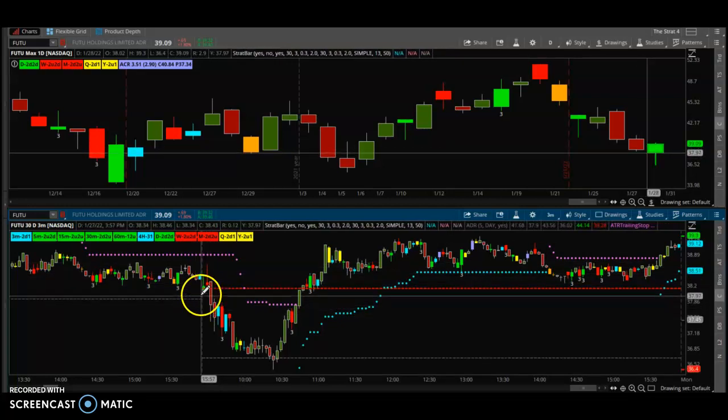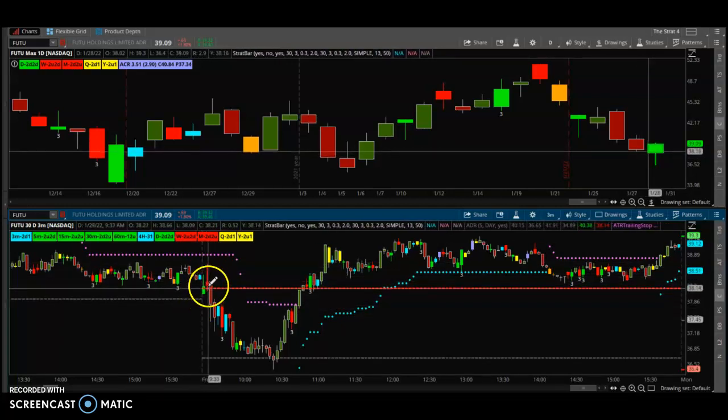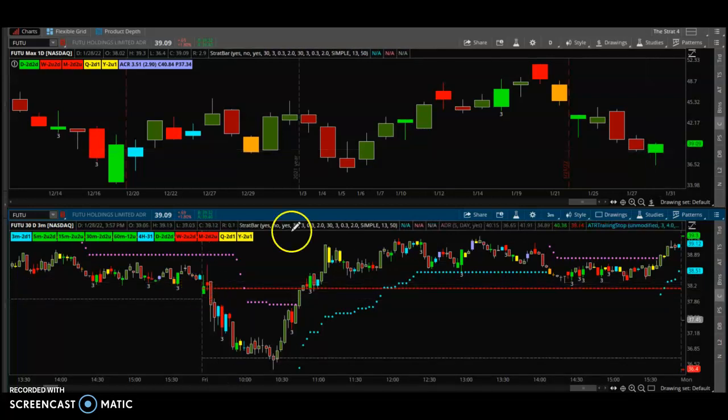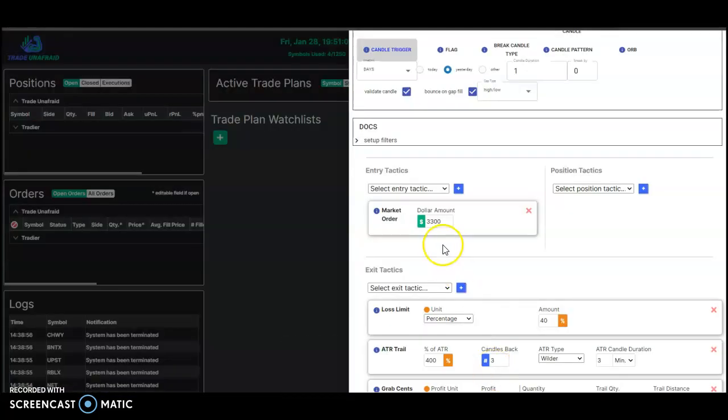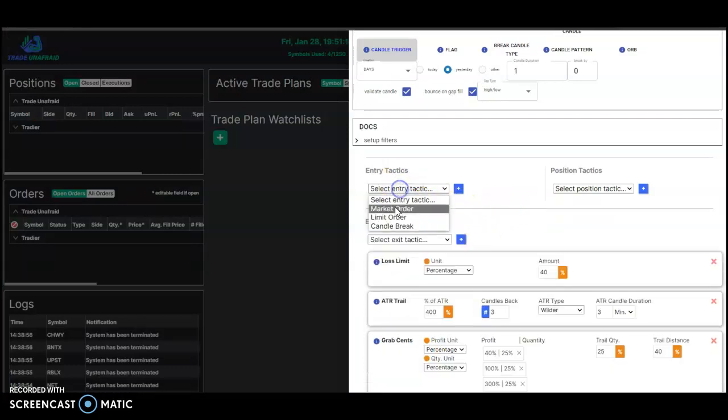So here there were two candles, first, second, and on the third I entered because I used a 3-minute candle break. This is a 3-minute chart. So instead of this, I will use the candle break entry tactic.